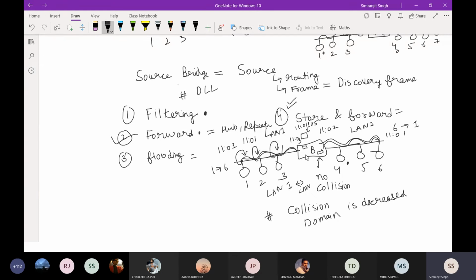Now the bridge will see that these two messages are there. At 11:02 the bridge sends a message here, and at 11:03 it sends a message here. So because of the capability of storing, some of the collisions may be avoided. Or are you asking anything else?